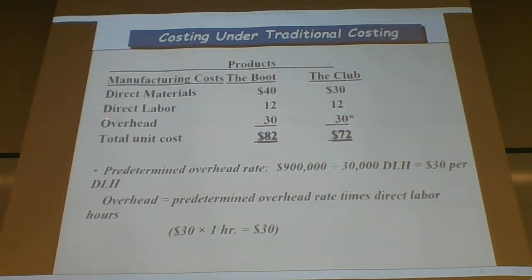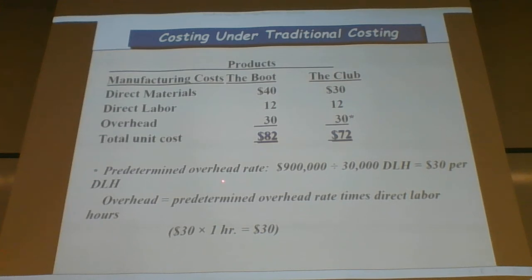But overhead is where we have the problem. We've allocated $30 of cost to the boot and $30 cost to the club, creating a total unit cost of $82 for the boot and $72 for the club. The $10 difference is all right here in direct materials. And this is how we got into this mess.